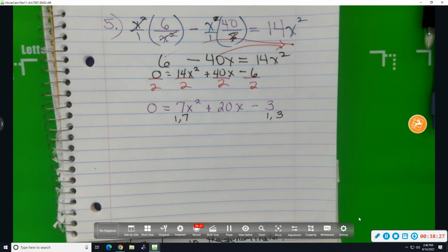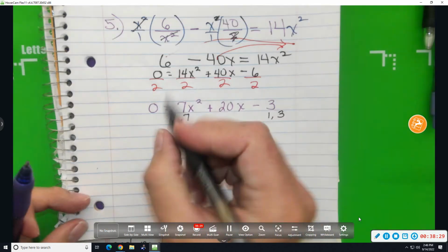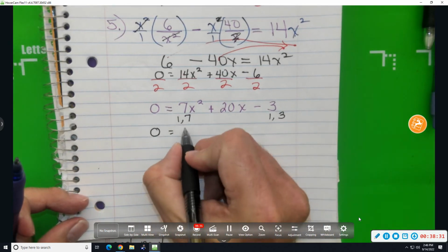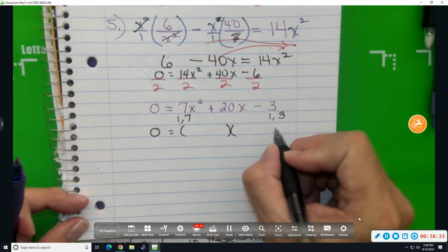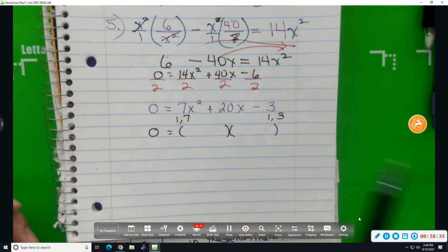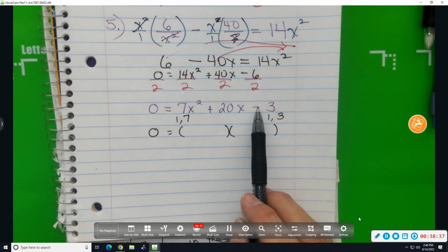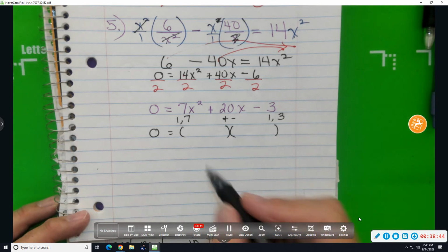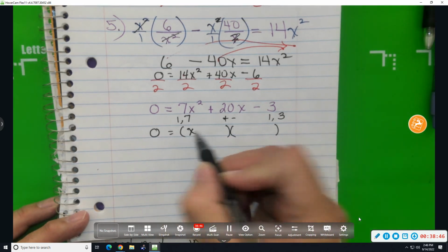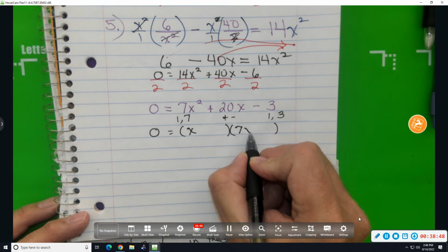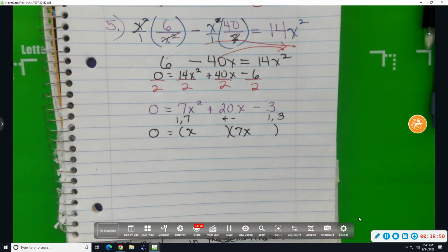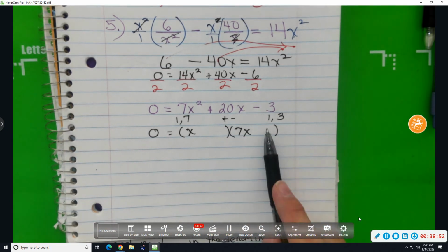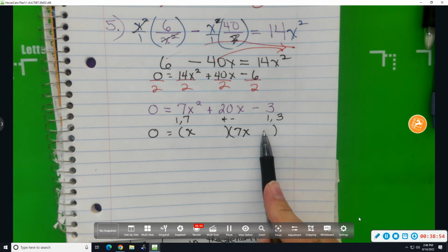So, well, let me go ahead and draw my 2 parentheses. What do we know about the signs? The second sign is negative, so 1 plus and 1 minus. Well, it's just a matter of thinking of how to arrange the 1 and the 3. Do I put the 3 here, or should I put it here?